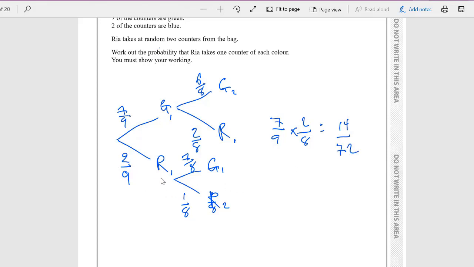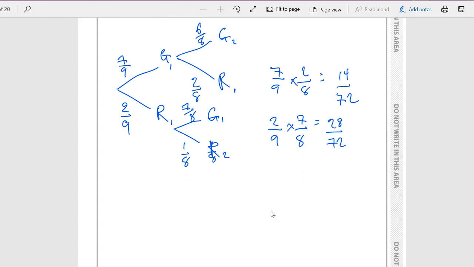And then here, if she takes out a red and then a green, that's 2 over 9 times 7 over 8, which is, sorry, 14 over 72. If we add those two together, we get 28 over 72. So we can simplify this.